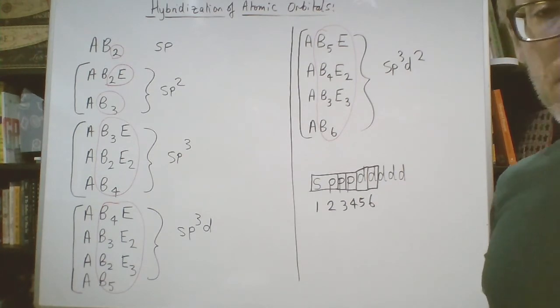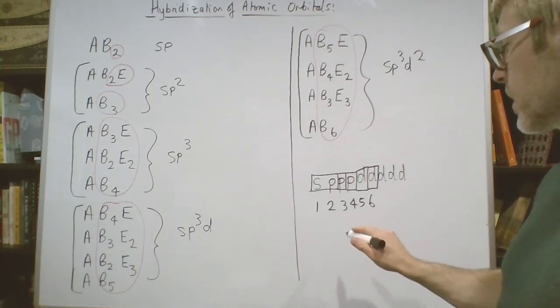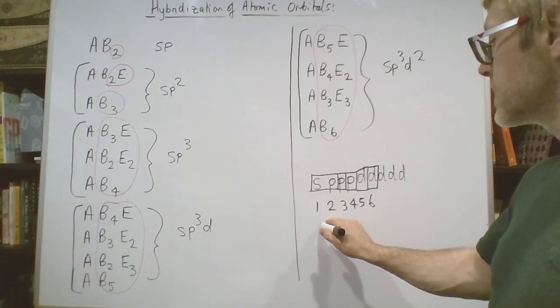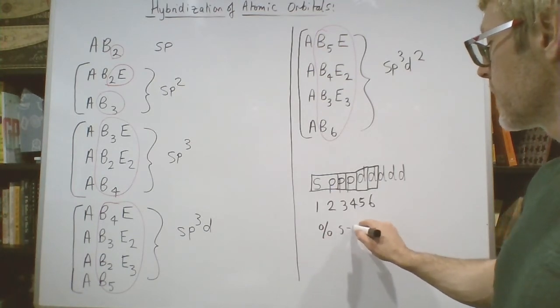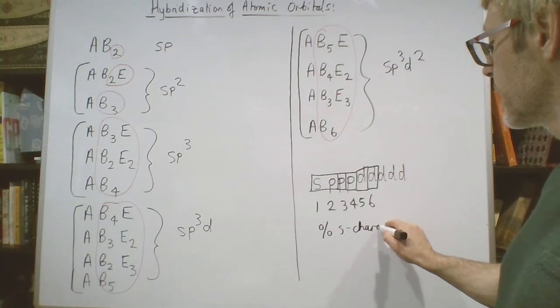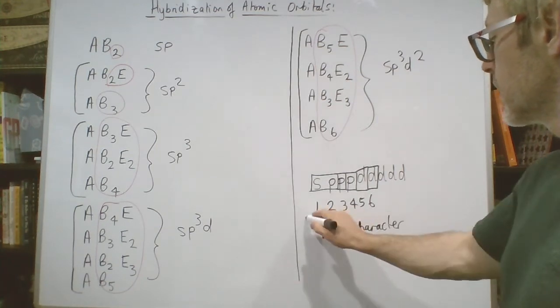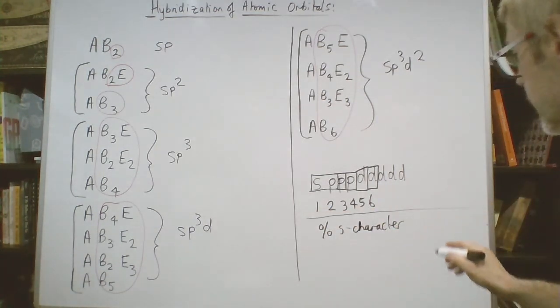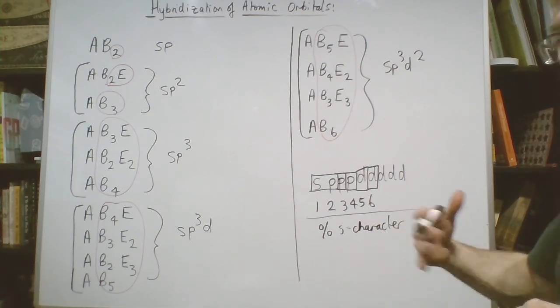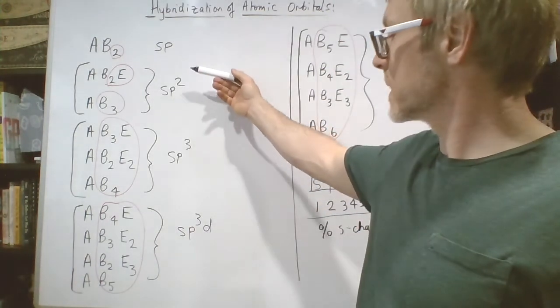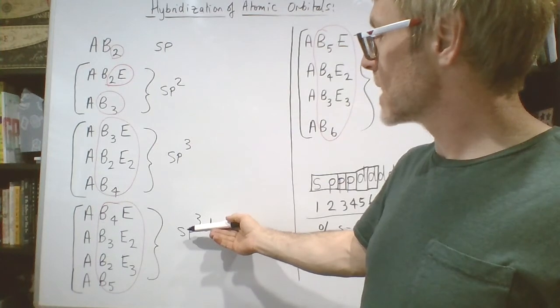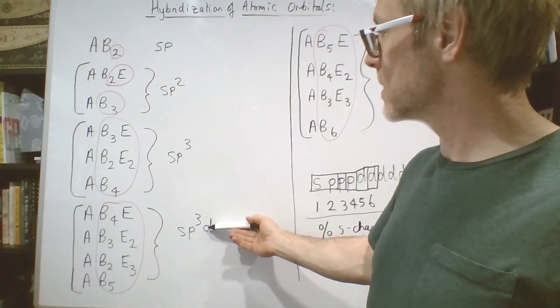One final thing I'd mention here, out of the things that we could possibly mention, is the percent S character. So keep in mind that as we add more and more P and D character, essentially we're diluting S with P's and D's.